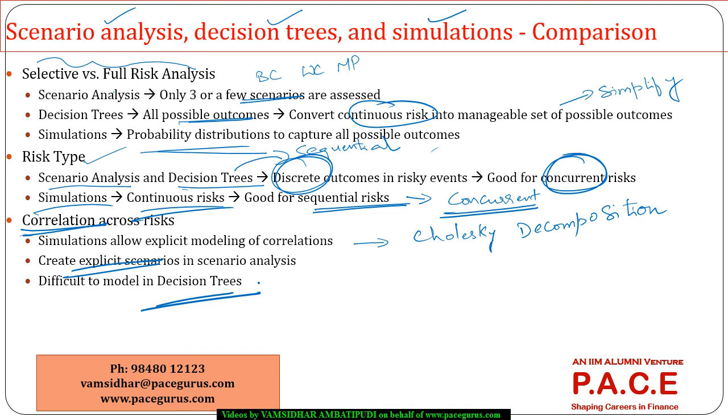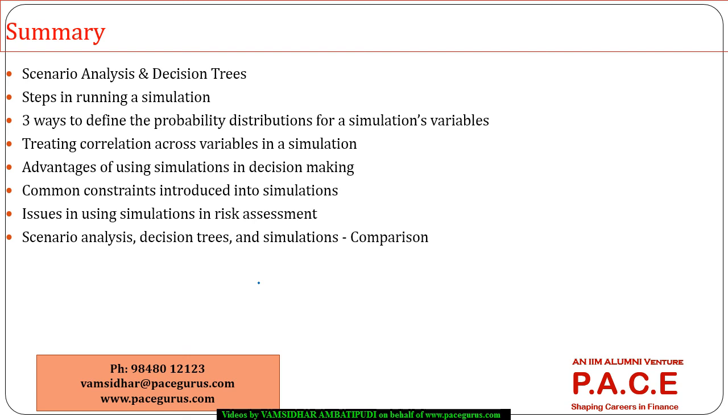So that's how we look at these three different tools that are available for decision taking. And it's a very simplified article which is focusing on a comparative approach to these three different kinds of tools.